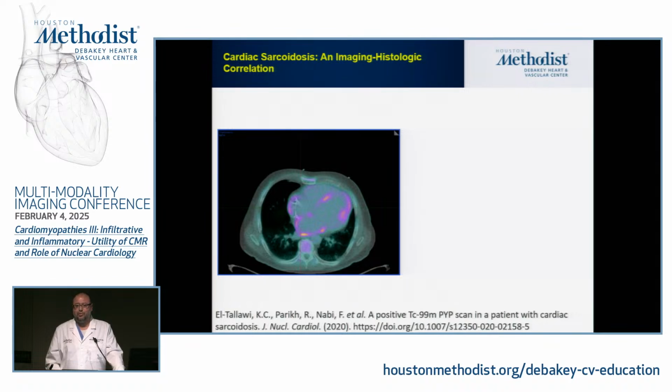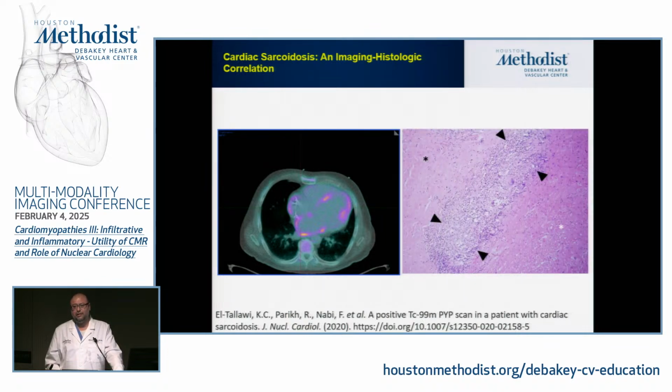It wasn't because this patient had an end-stage scenario where there's a lot of end-stage fibrosis. But it wasn't until this patient was explanted that they diagnosed the non-caseating granulomas on the explanted heart. So sometimes the fact that you have a negative biopsy does not completely rule out cardiac sarcoid.